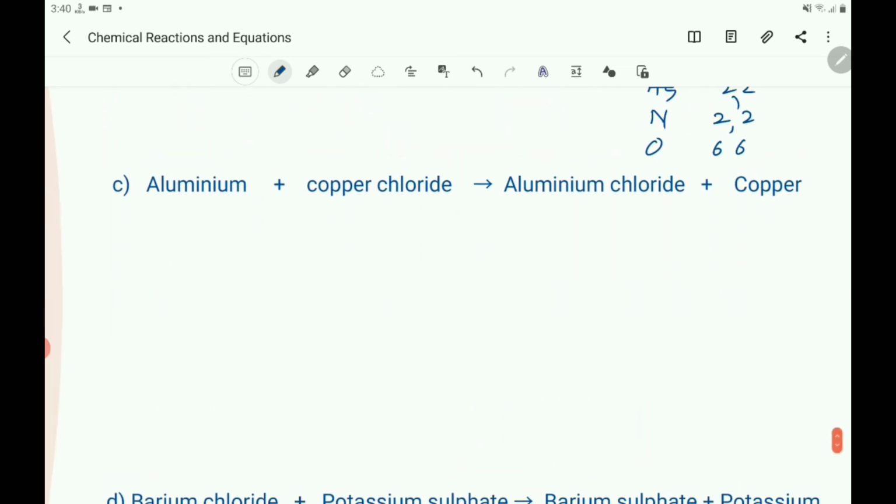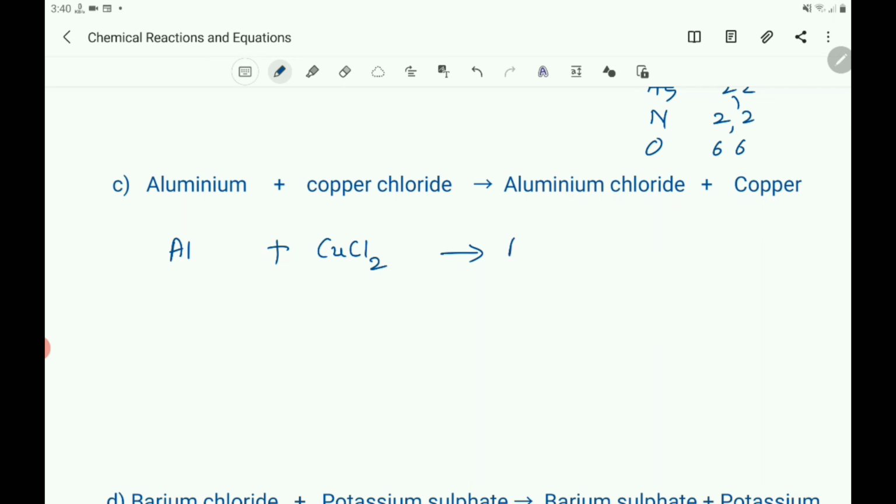Next you take aluminium, reacts with copper chloride to give aluminium chloride plus copper. Aluminium is a metal. Symbol of aluminium is Al, plus copper chloride. What is the molecular formula of copper chloride? That is CuCl2. Gives aluminium chloride.